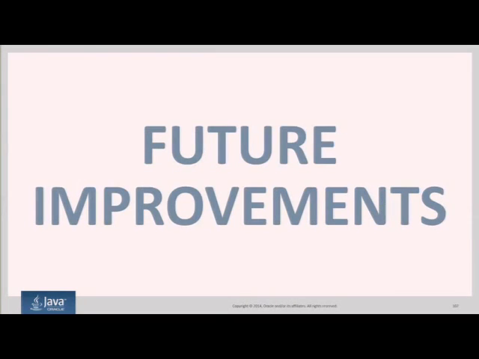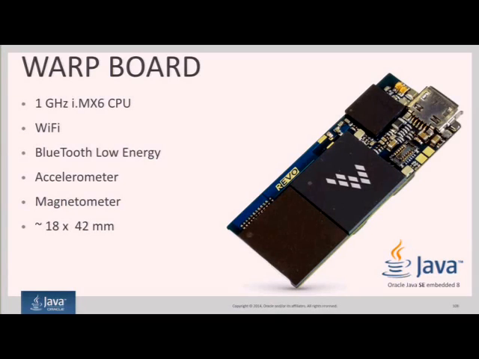And the future improvements will be this tiny guy, which is a so-called WaRP board. Unfortunately, it's not available yet. You can pre-order, and I did that 4 months ago or something, and they told me it will be available mid-November. This is based on an i.MX6 CPU, which means it will run Java without any problem. And that's very, very tiny. It's like that size, maybe this size.